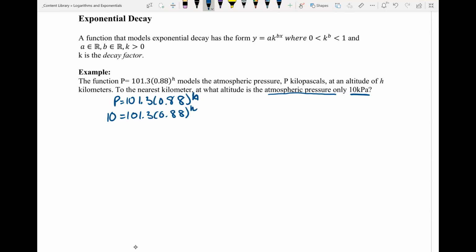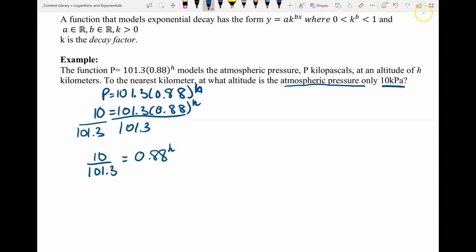And you can see right away that we have an exponential equation that we're going to solve for. I'm going to try to isolate the 0.88 to the power of h and then isolate h afterwards. So my next step then will be divide 101.3 on both sides. The reason I'm leaving this as a fraction is to get the most accurate answer at the end.